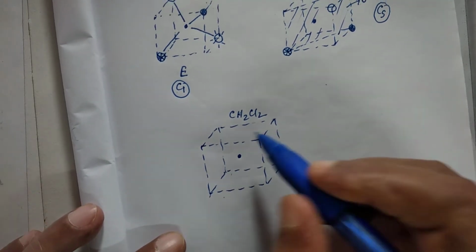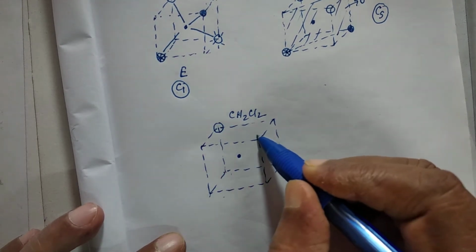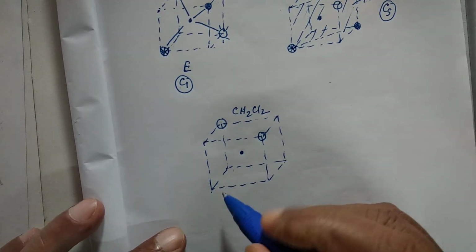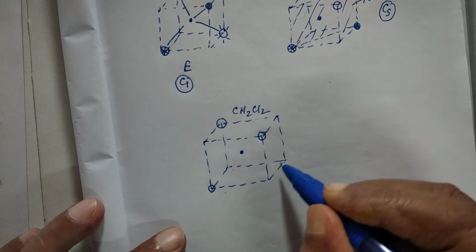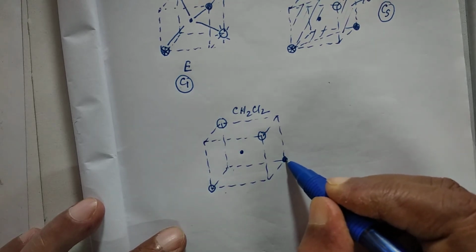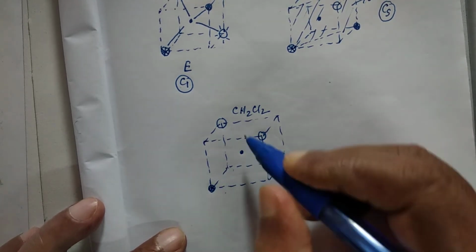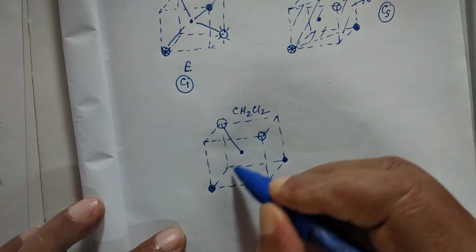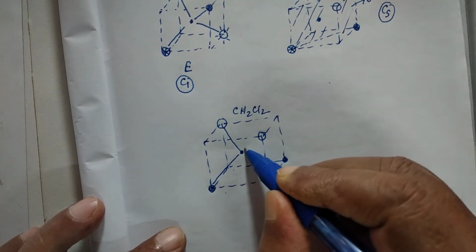Carbon is here. 2 hydrogen atoms are at these positions and 2 chlorine atoms are at these 2 positions. This is the structure of dichloromethane molecule.